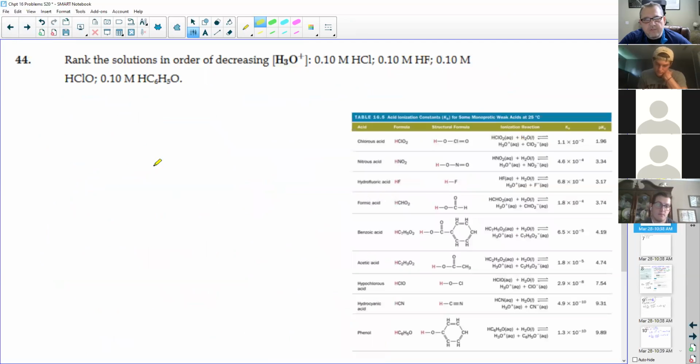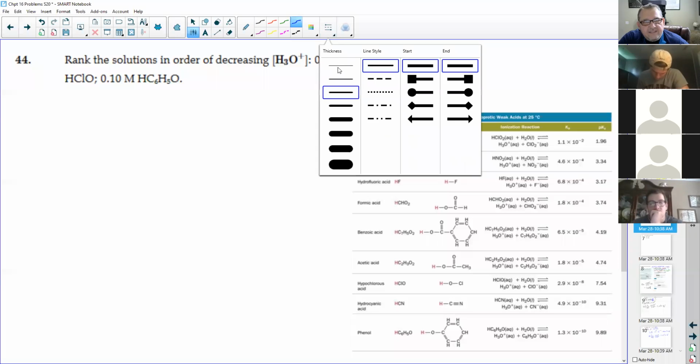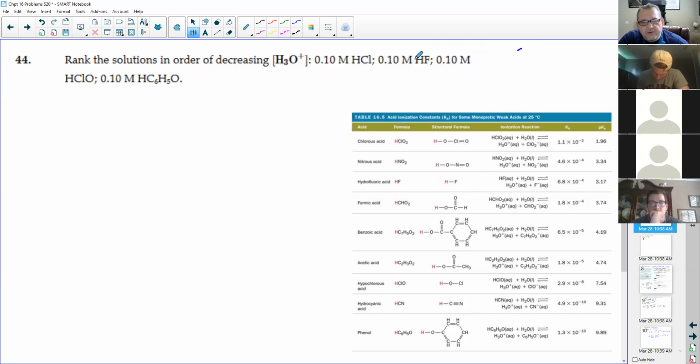All right, going to problem 44, it's a little bit more complex problem. Let's just talk about how to approach it. This is one of the things that I was introducing at the end of the last lecture: when you have weak acids, they can vary in their strength.